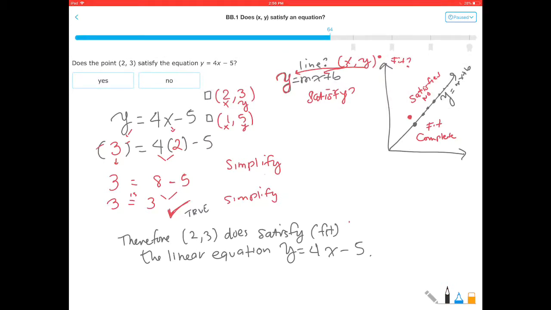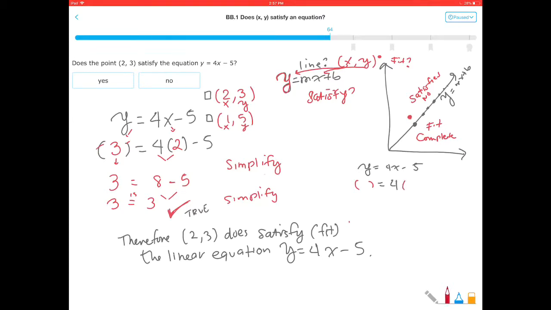Can you check if this one fits? And so you're going to have to test each one. So let's go ahead and do it. I'm going to do it over here, as small as I can. So y equals 4x minus 5. Placeholders, I'm not going to put y. I'm going to put my point.